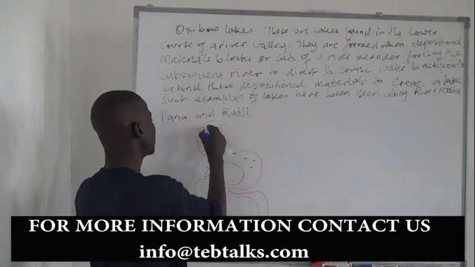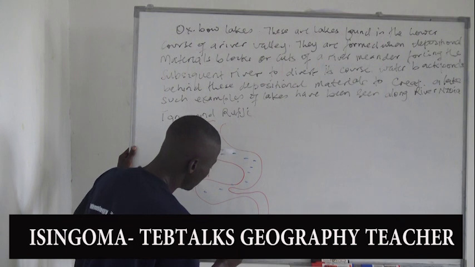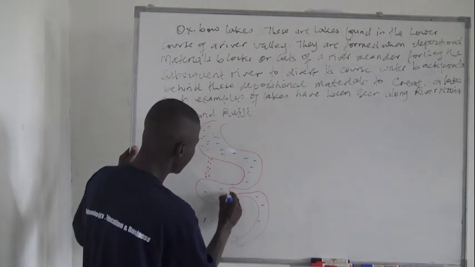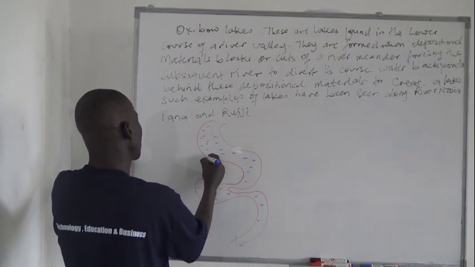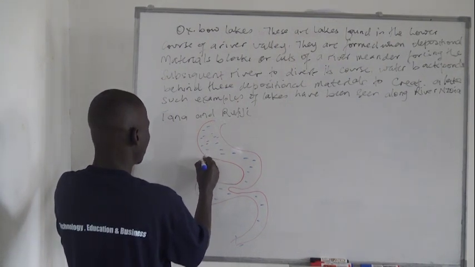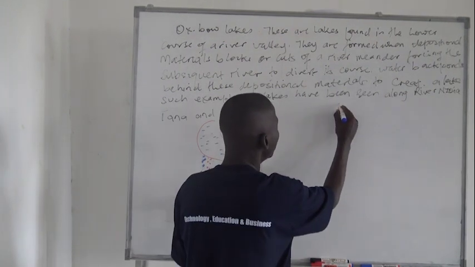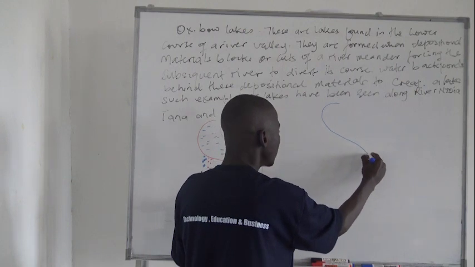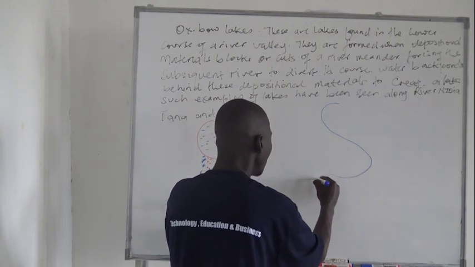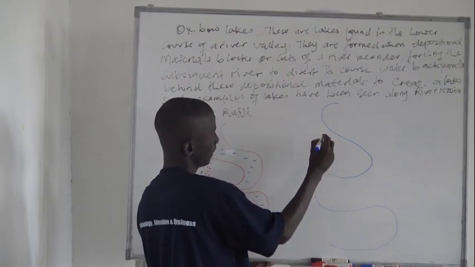So as we are saying that this river is flowing, say for example, southwards, deposition starts taking place around here. Depositional materials take place around the concave bend of the river, and finally you find that the bend has been cut off, the meander has been cut off.